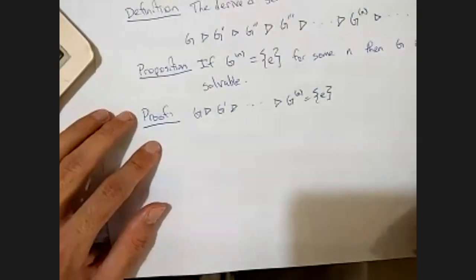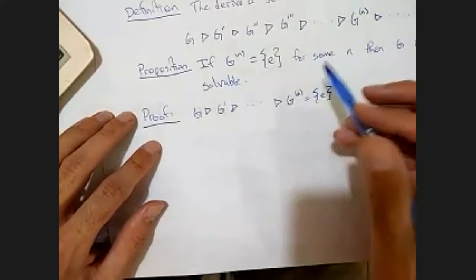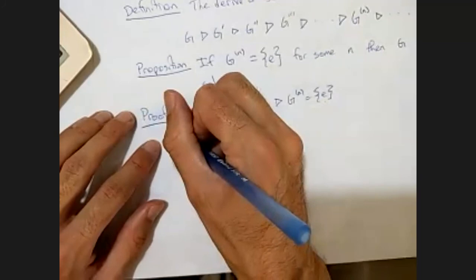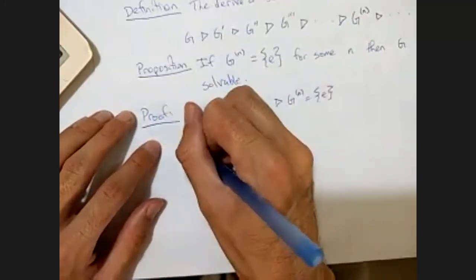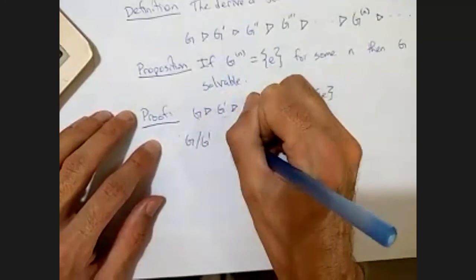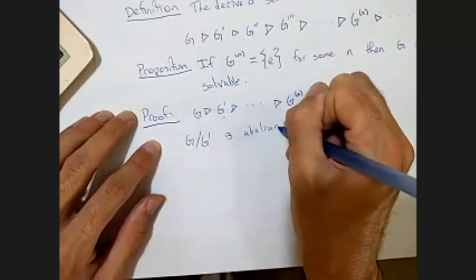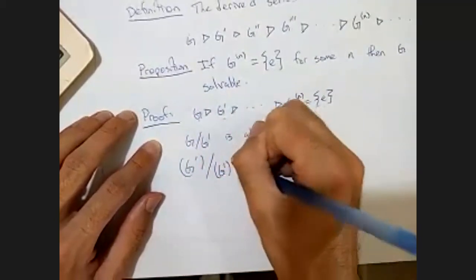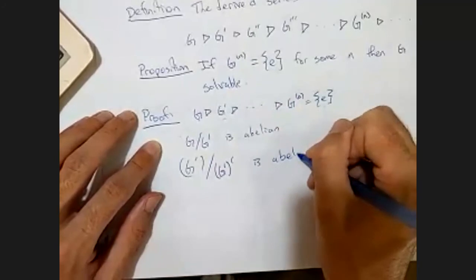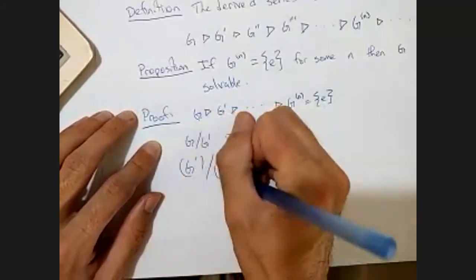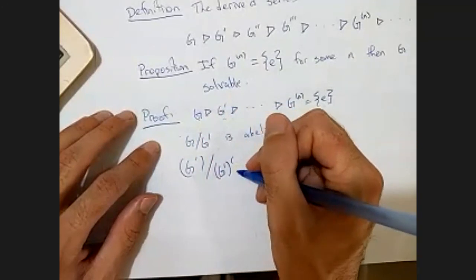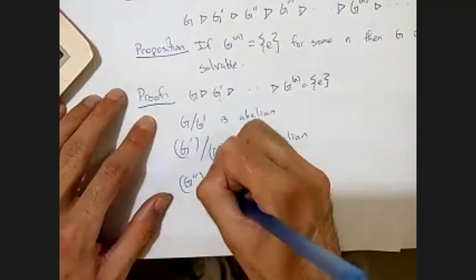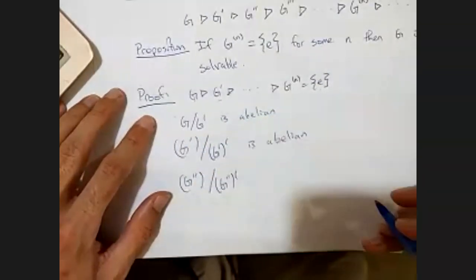Look at the derived series. By assumption, this G to the n is just a trivial group. And G mod G prime is abelian. G prime mod G prime prime is abelian because it's of the form some group mod its commutator. G prime prime mod G prime prime prime is also abelian.